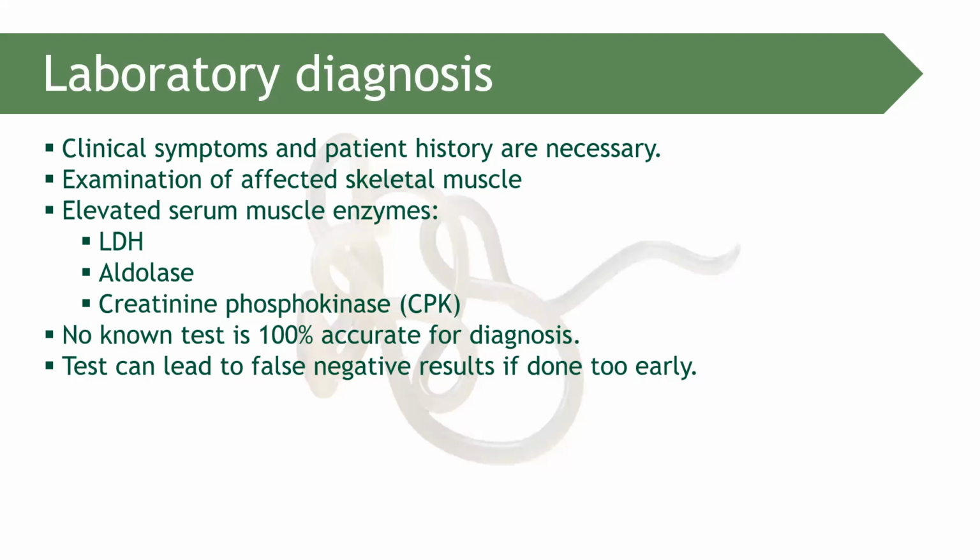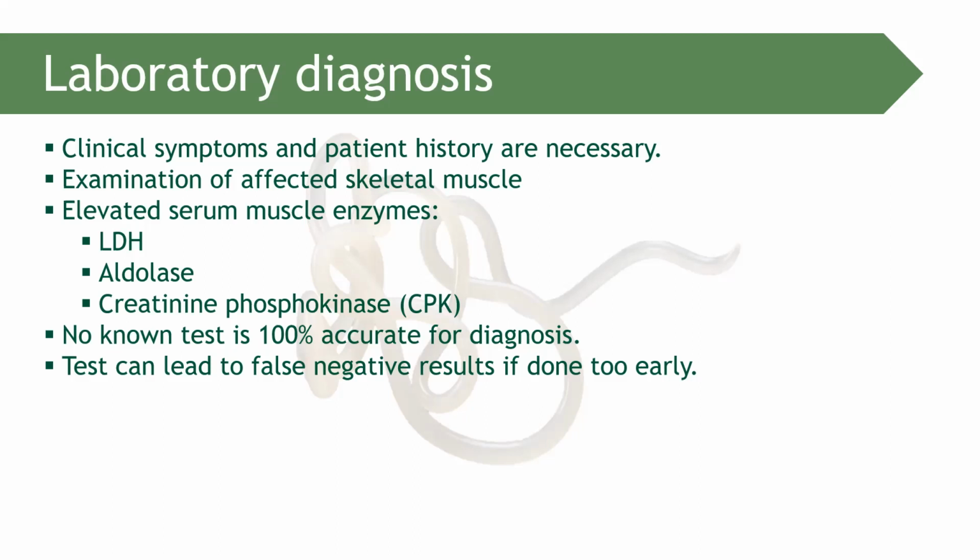Now, for the clinical picture or clinical symptoms of this parasite, it is necessary to have a history. Maybe the patient is a forester, or maybe a hunter. Or he traveled and ate infected meat of a boar, which is why he got the infection.